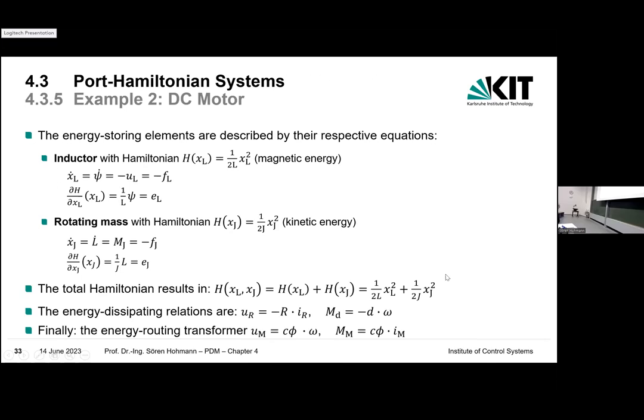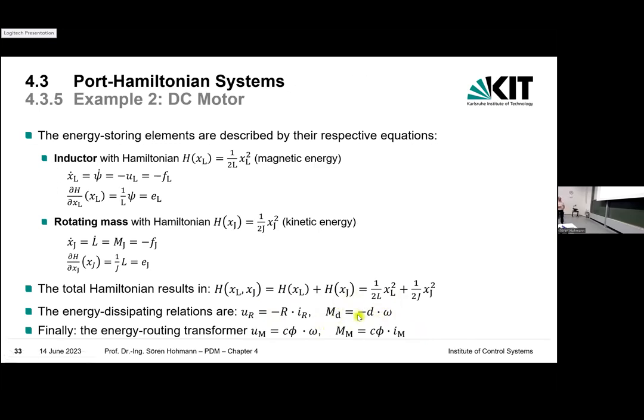In addition, and this is important, we have resistive elements, so basically dissipation. We can say u_R is equal to minus R i_R. The negative sign comes from our sign convention. And we have friction or damping elements. In our case I assume simple linear friction, proportional to the rotational speed, which gives a momentum.